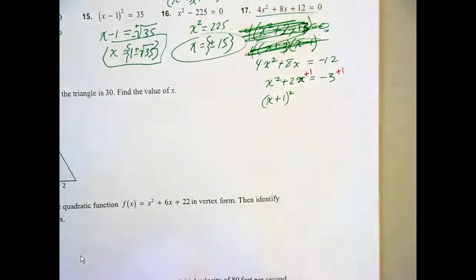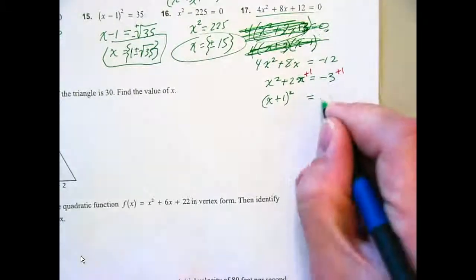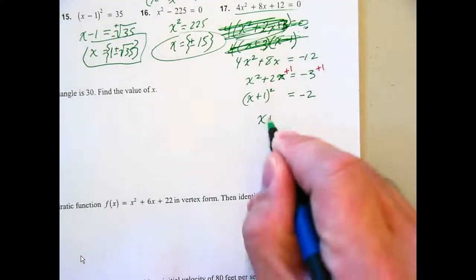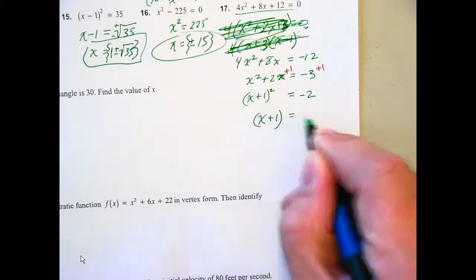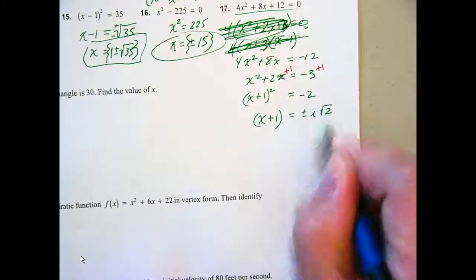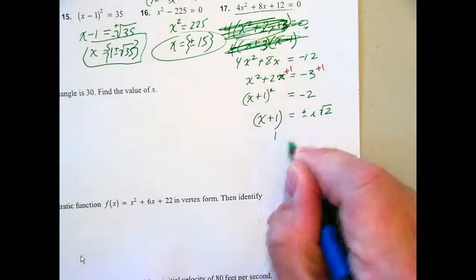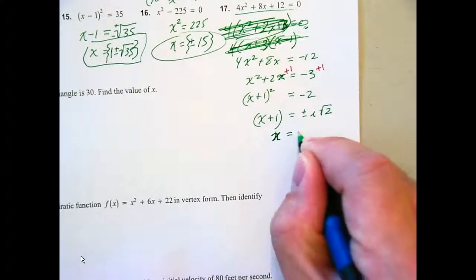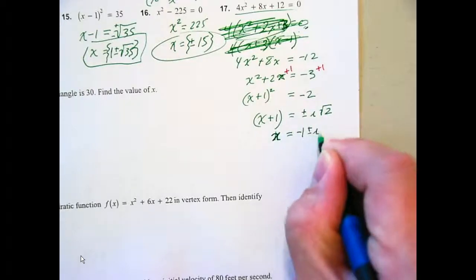Okay, so all that equals -2. And so now we have x plus 1 is equal to plus minus i root 2. And we get x is equal to -1 plus minus i root 2.